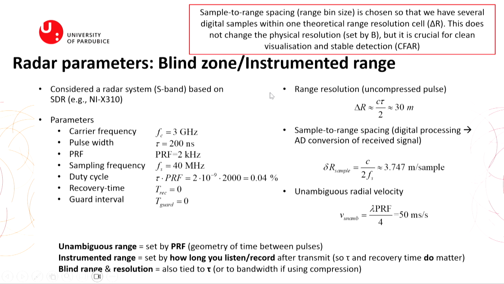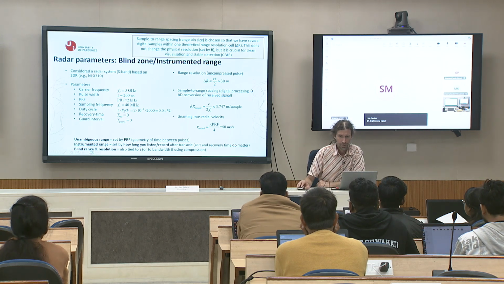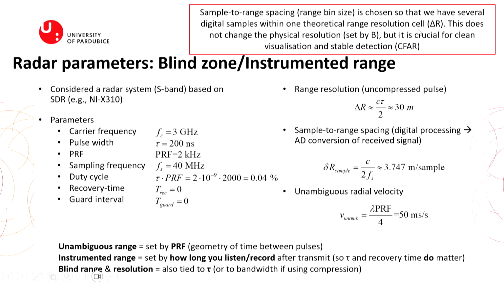And how does it fit with my calculation? The range resolution we already calculated for the uncompressed pulse. It depends on tau, the length of my pulse. So we have several digital samples within one theoretical range resolution cell.